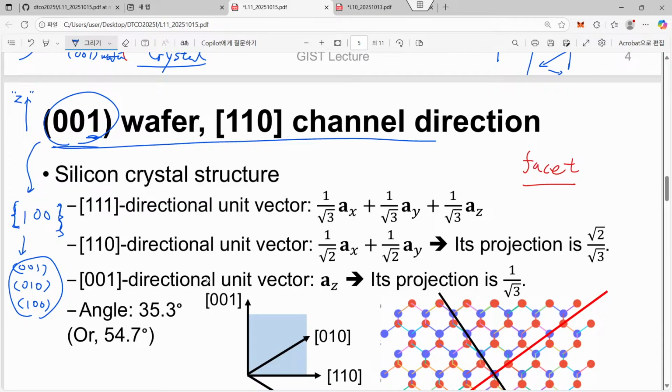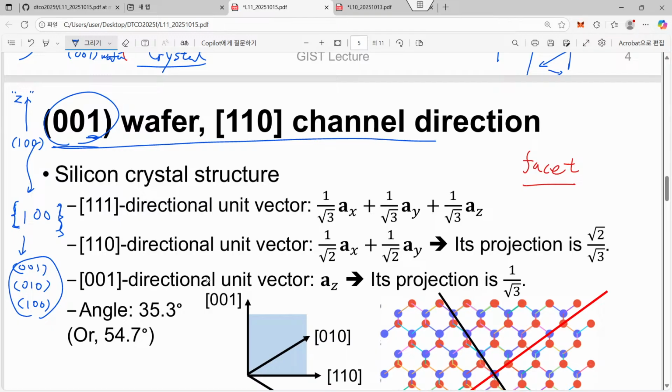But even in literature and research papers, they sometimes name it 100 without the curly bracket, just parentheses. Researchers are sometimes not that rigorous in their notation.